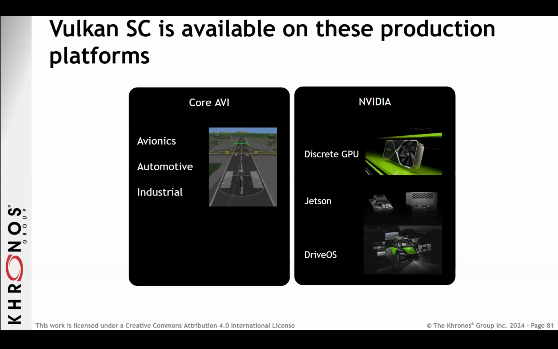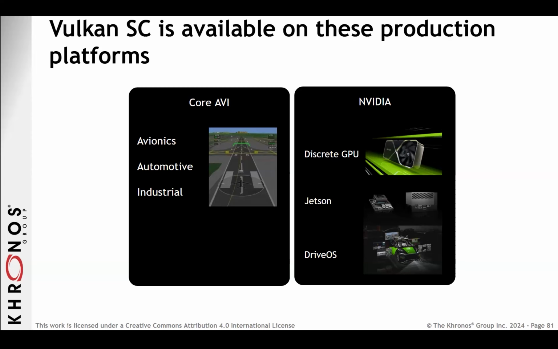So you can try Vulkan SC out for yourself today. For CoreAVI, you'll want to visit their VkCoreSC website for more information. On the NVIDIA side, you can download Vulkan SC for desktop and start developing on discrete GPUs. You'll need RTX 2000 series and up.